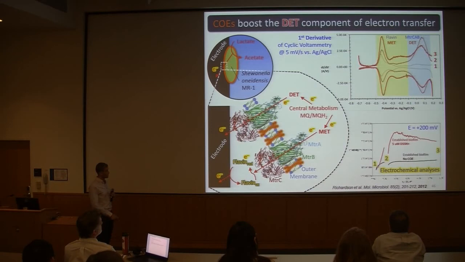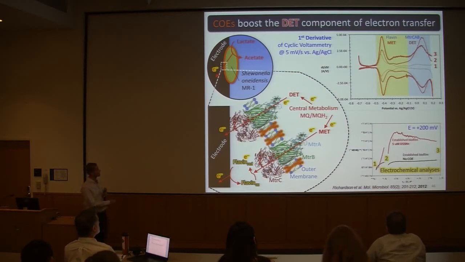So again, if we take a derivative of this, you see the flavin, you see the flavin semiquinone peak, and the direct electron transfer peak has been dramatically accelerated. So what we see from this is that these molecules actually seem to be boosting the innate machinery in the cell and not necessarily acting like a molecular wire or something like that.